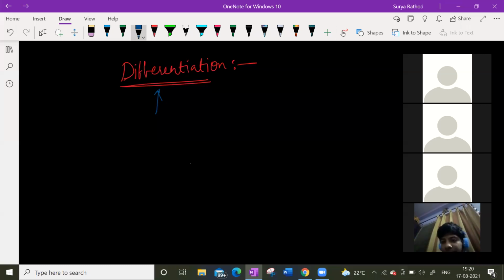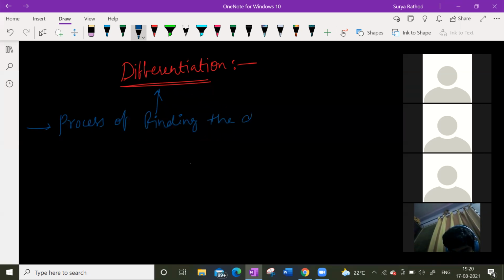Process of finding the derivative, right? How much of the differentiation lesson have you done from your college side?